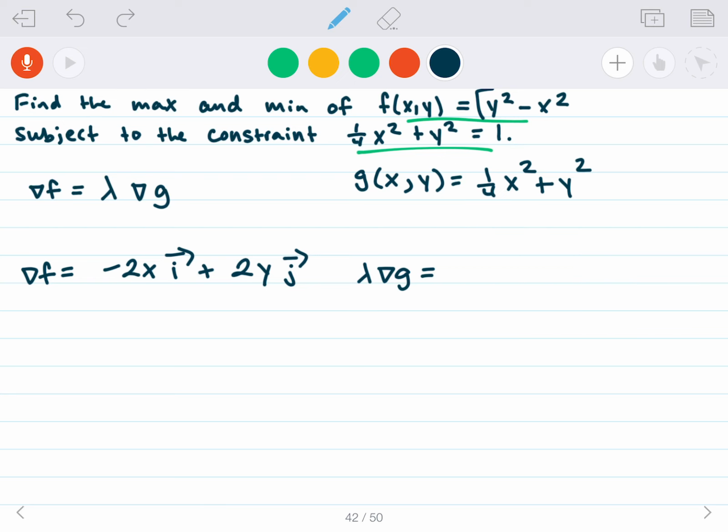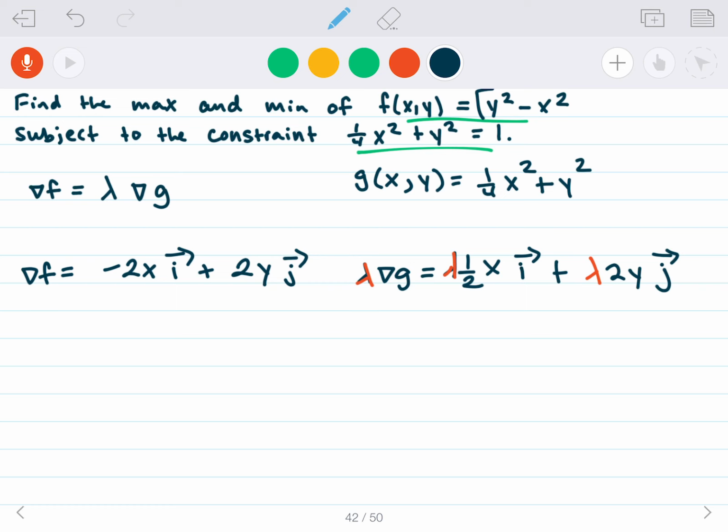With respect to x, 2 times a fourth is a half, so that's a half x i. And of course, we have the lambda in front. Plus, I forgot the lambda again, lambda 2y j. Alright, so now we can set up our system of equations.